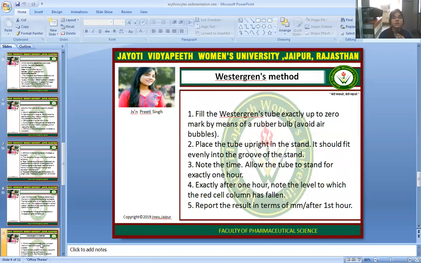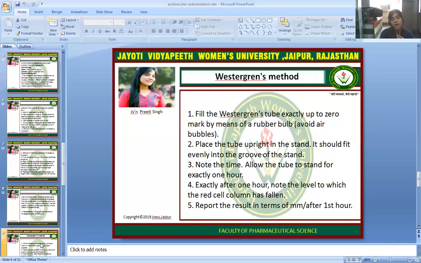Now the Westergren's method: fill the Westergren's tube exactly up to the 0 mark by means of a rubber bulb. Avoid air bubbles. Second, place the tube upright in the stand. It should fit evenly into the groove of the stand. Note the time. Allow the tube to stand for exactly 1 hour.